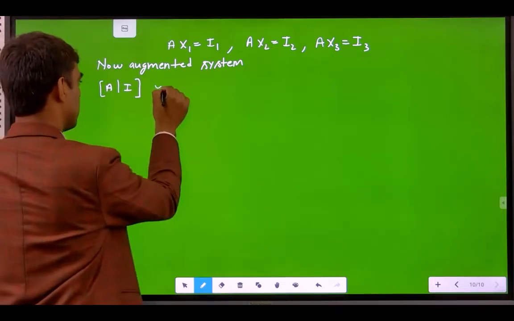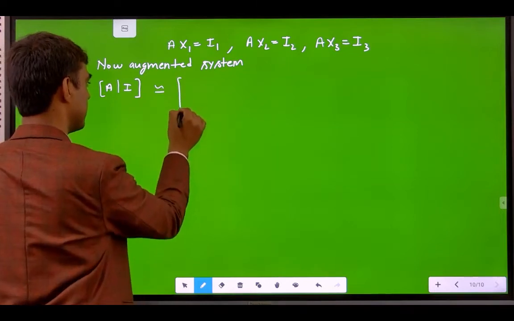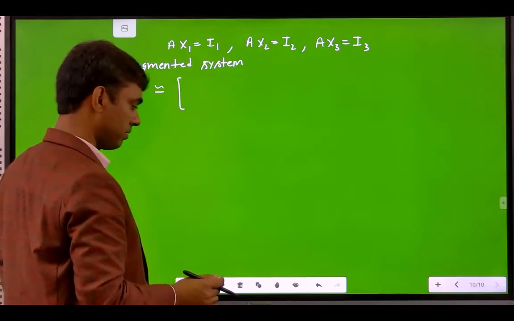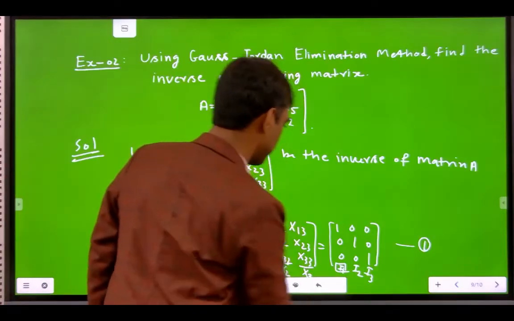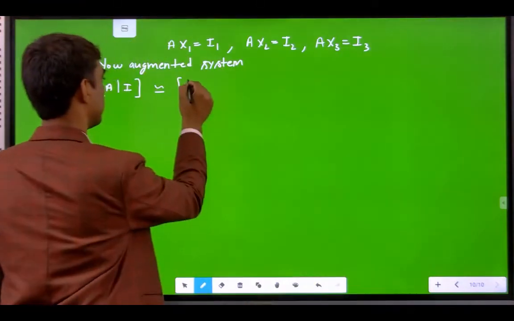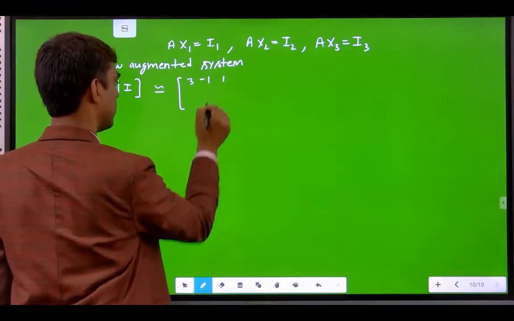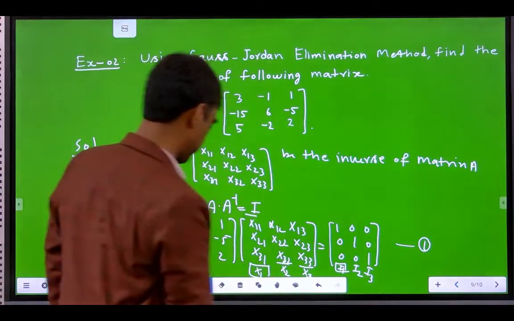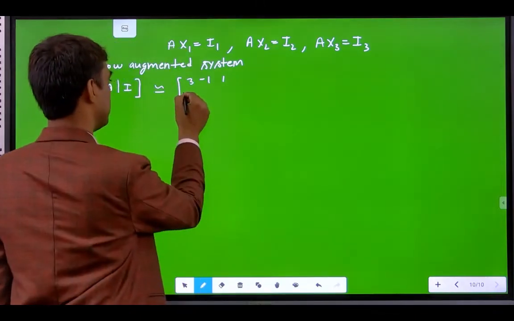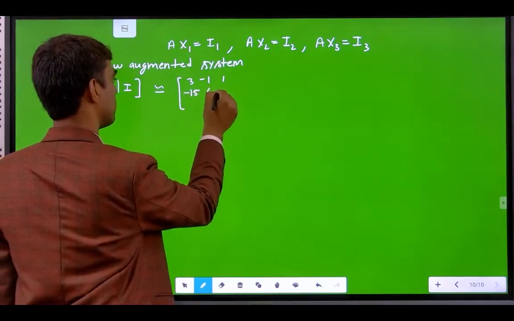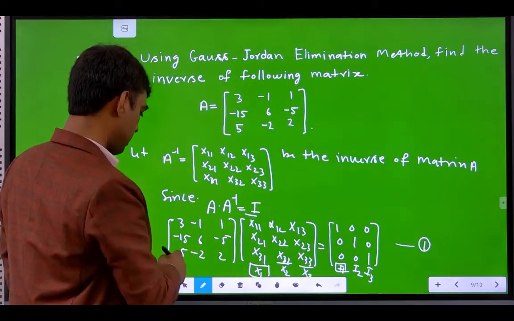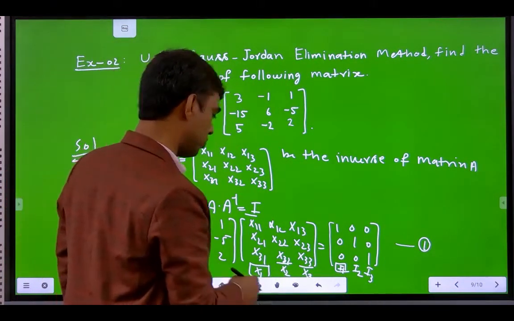Now, what are the values of A? The values of A are: first row 3 minus 1 1, second row minus 15 6 minus 5, and third row 5 minus 2 2.